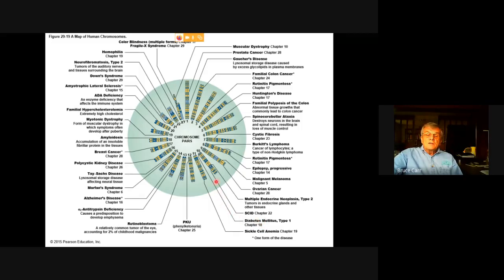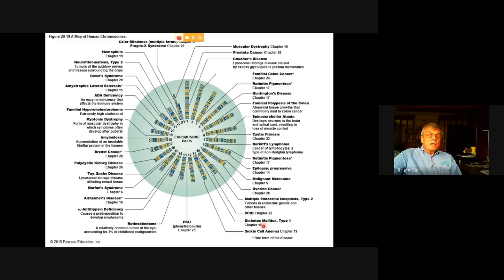Type 1 diabetes is located right down here at the terminus of the long arm of the number 10 chromosome pair. Diabetes being an emerging and emerged epidemic which you will face throughout your medical career as a complicating factor in every patient's health.